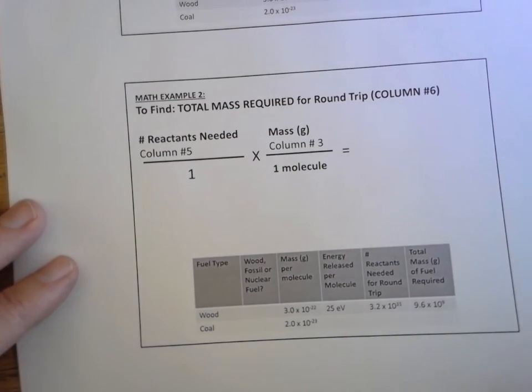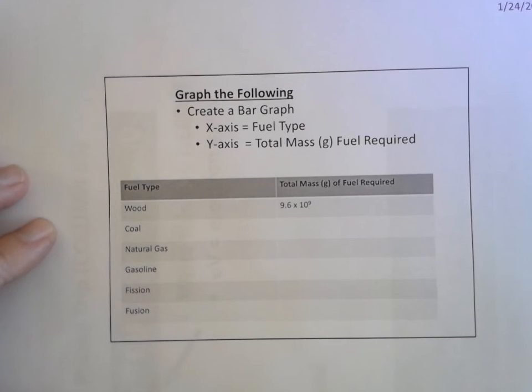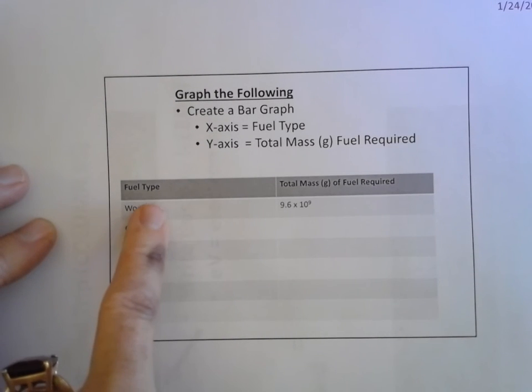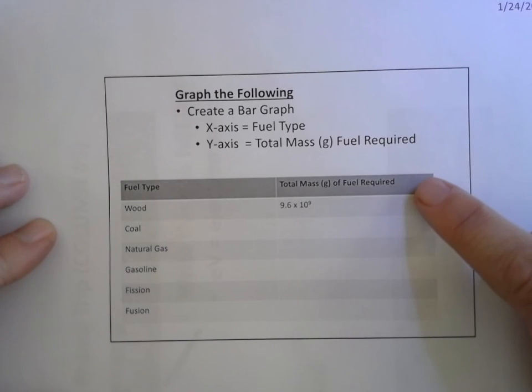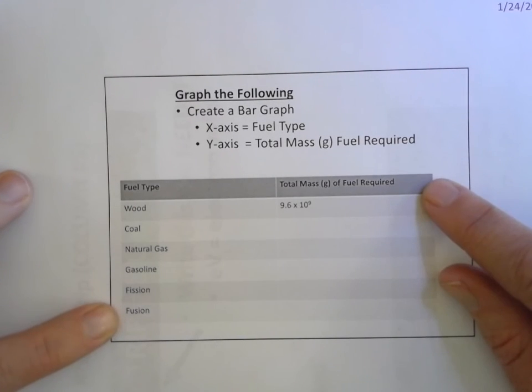Okay. The last thing that needs to be done is you're going to need to create a bar graph using graph paper. You're going to have fuel type on the x-axis, and then here is column 6, the total mass.